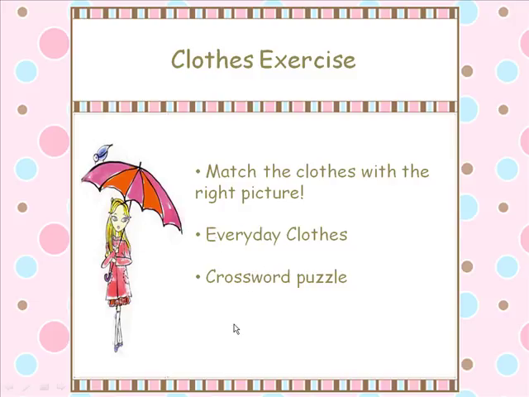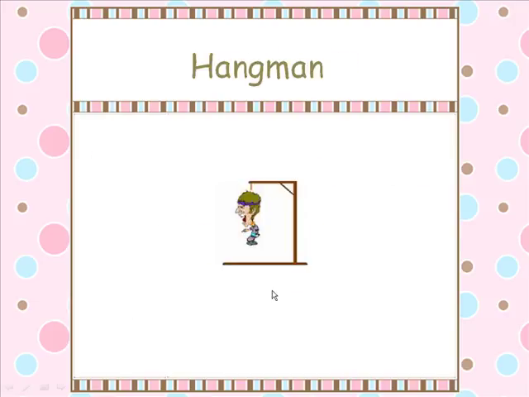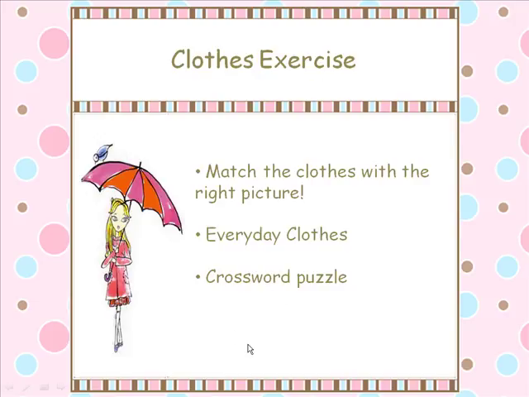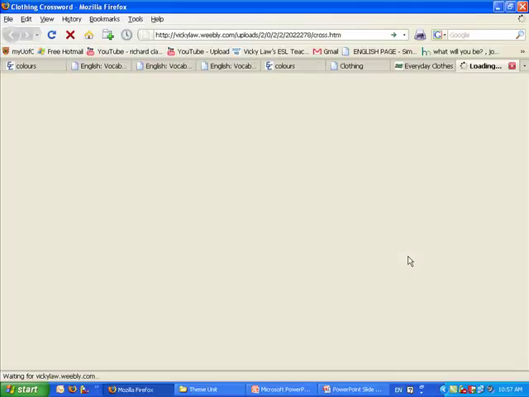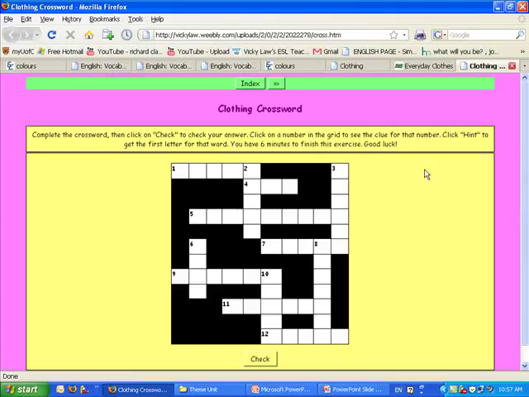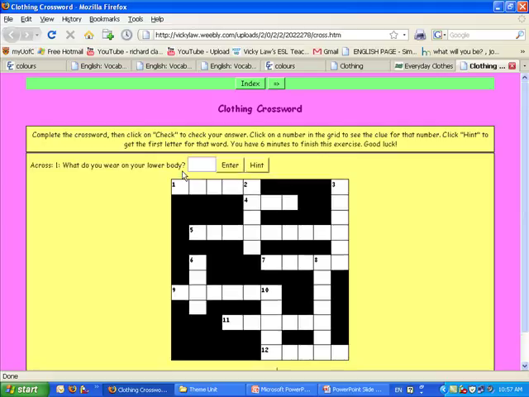And the last one is the crossword puzzle. I designed this crossword puzzle myself too, so what students have to do is click on the first one, and there's a hint. What do you wear on your lower body? So they have to enter a word, for example, shorts, pants.